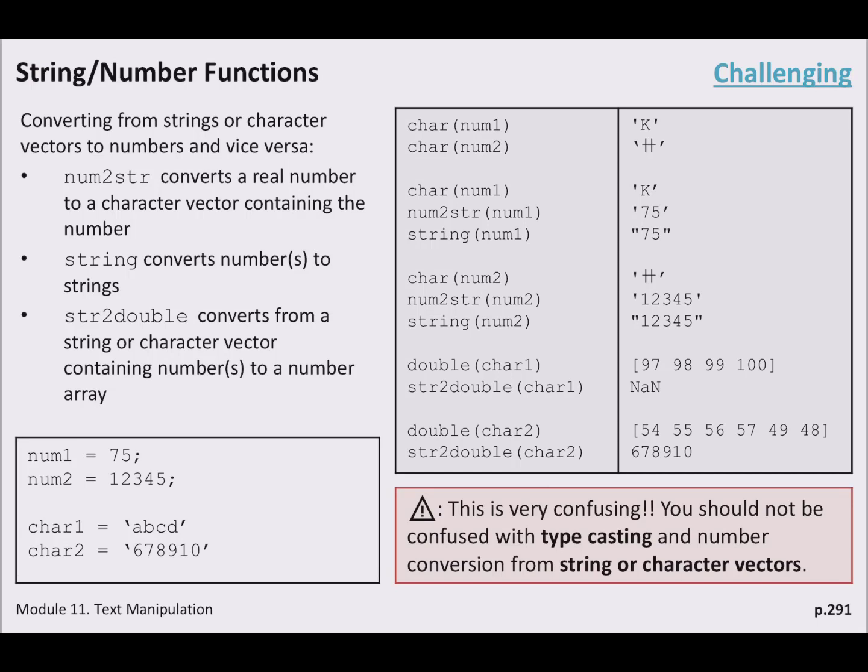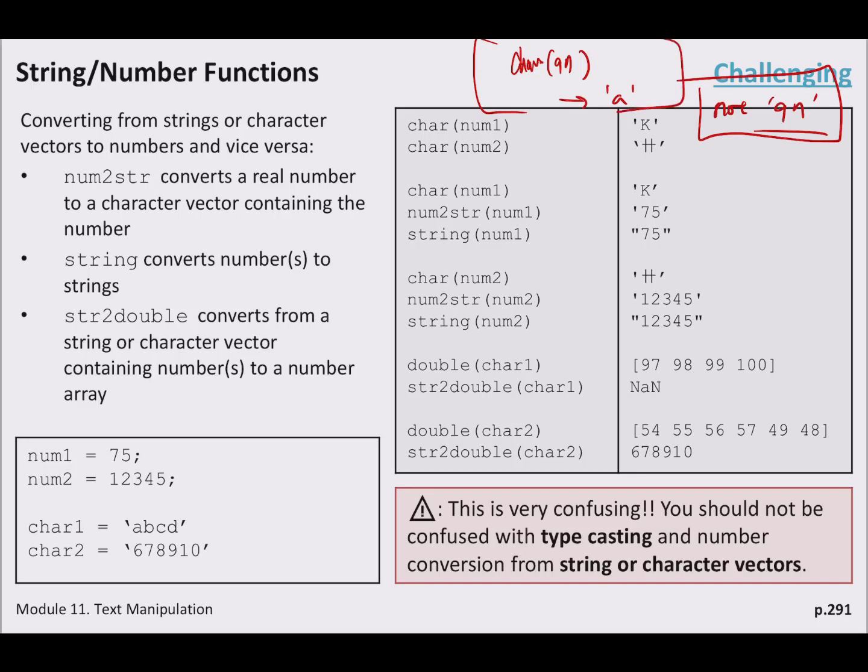Okay, this is another confusing topic. We learned about typecasting, right? When a character is typecast with double, it maps to the equivalent numeric value, and vice versa. So what is the character 97? That is this one, not this one, right?